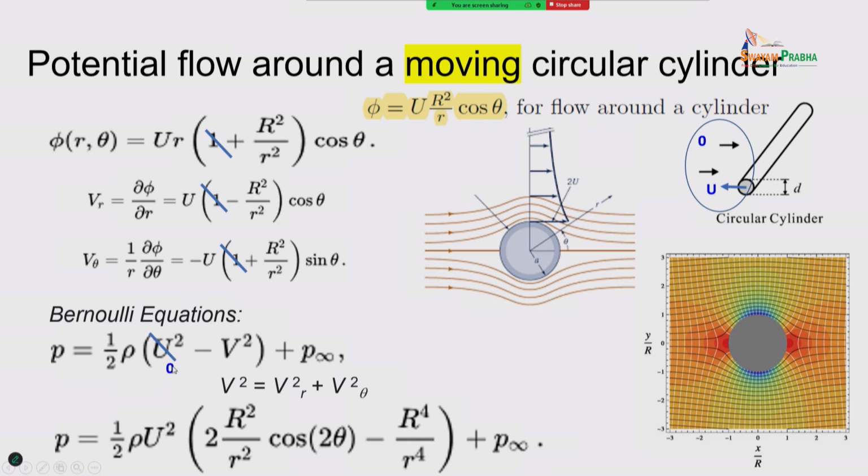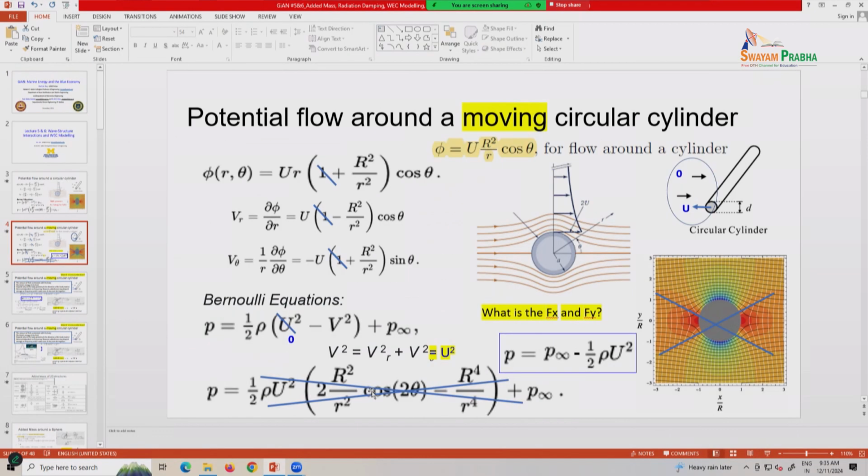In the Bernoulli equation, you say at infinity the velocity is 0, and V_r is this V already, right? Therefore, you plug into the system, and you will find this V_r squared and this V_theta squared.